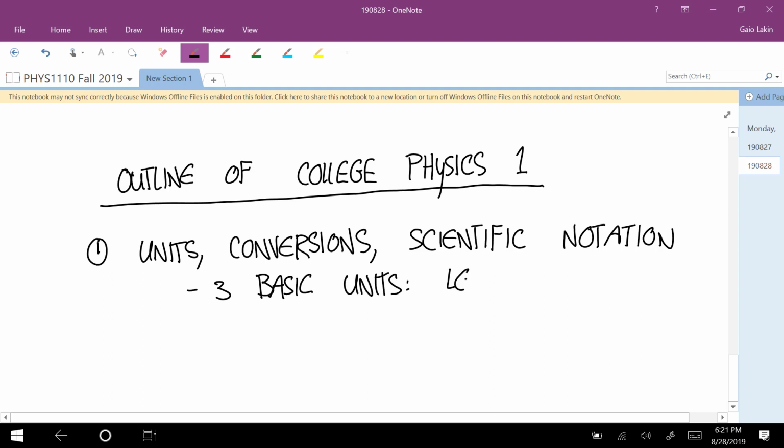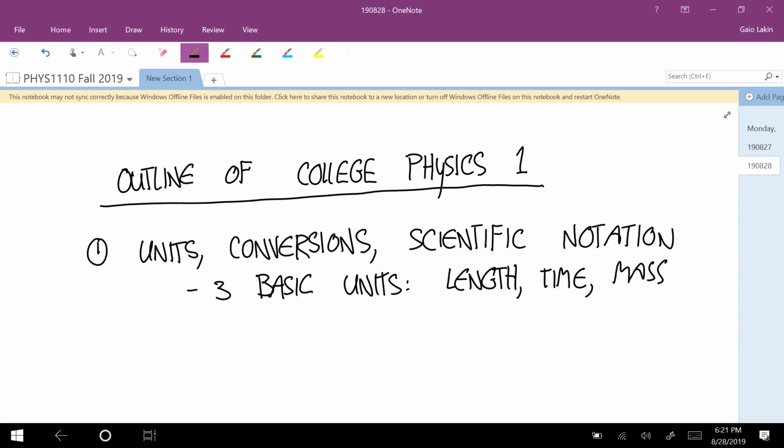And those are units for length, time, and mass. Those wouldn't have to be your 3 basic units, but that's what we're going to use.